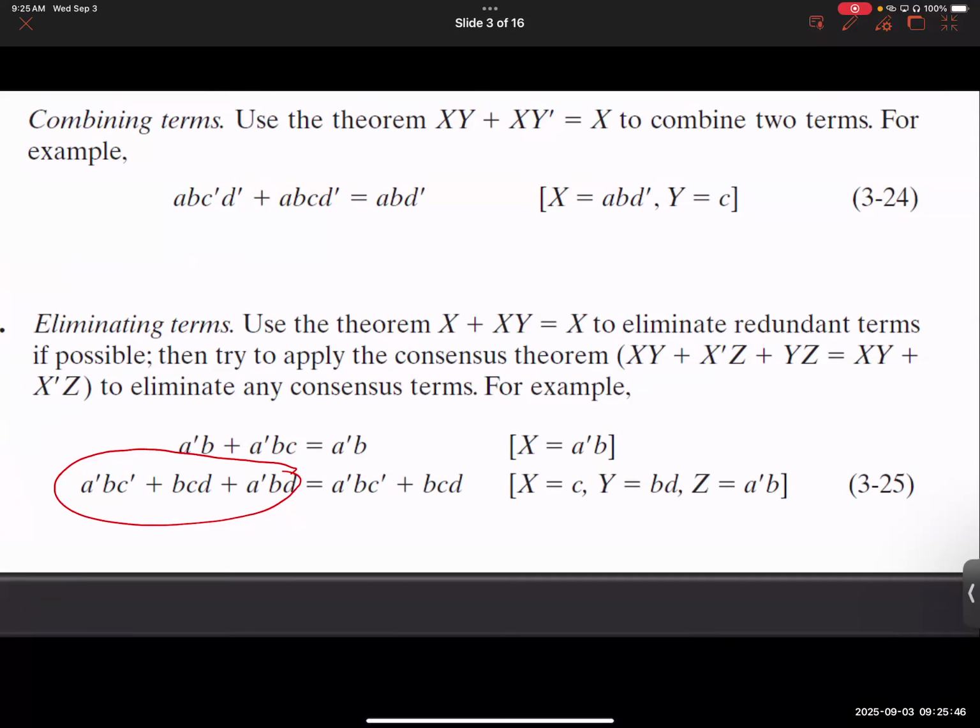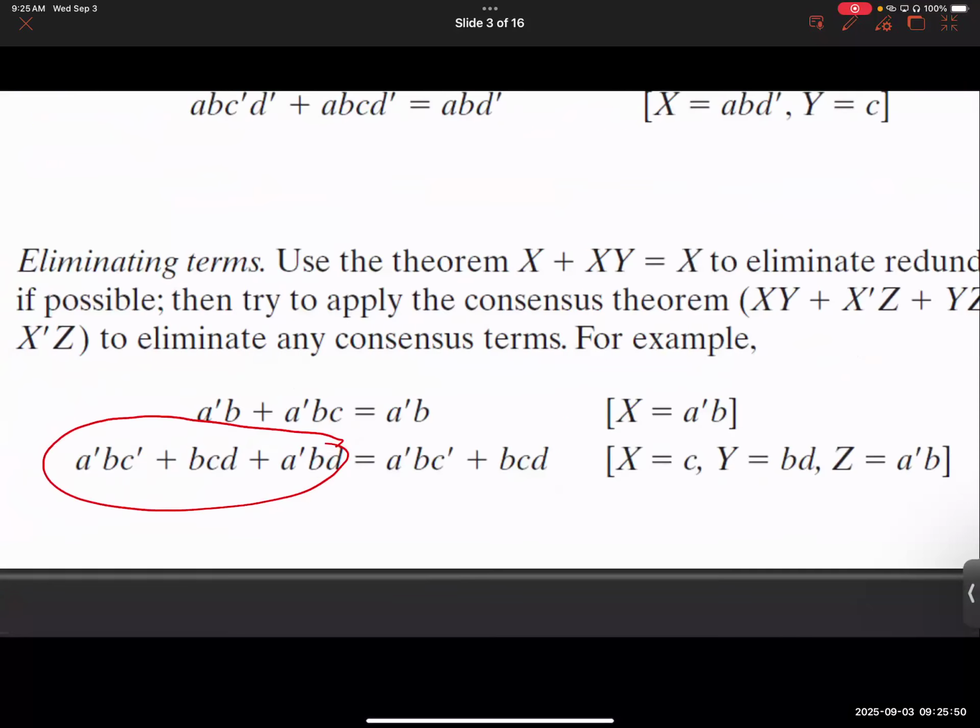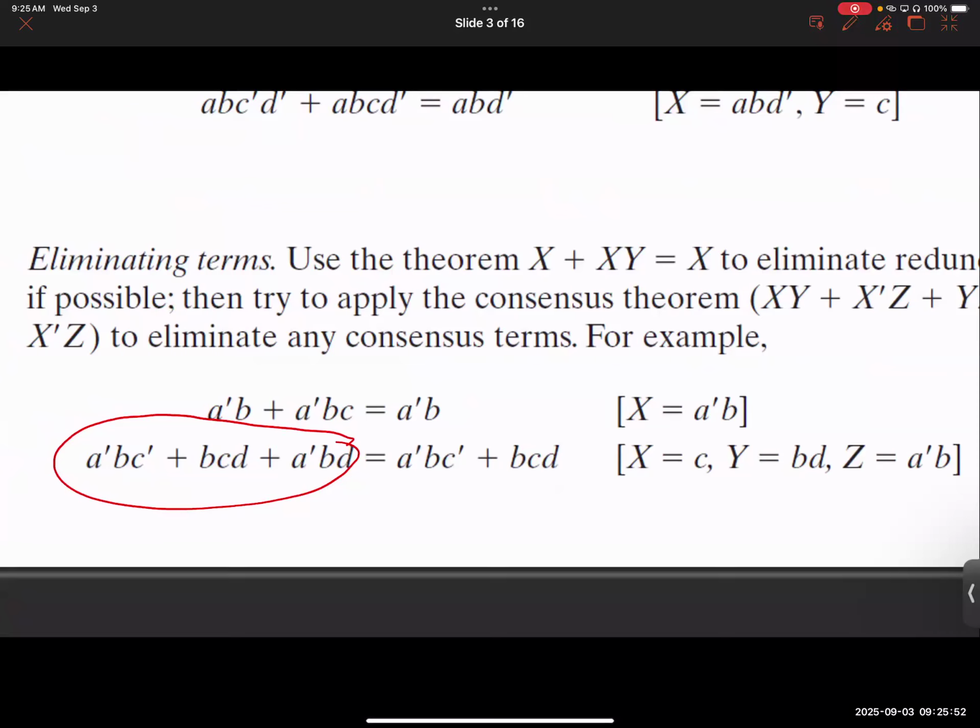And this is a little bit more involved, and I hope somebody asked this question, so let's do it. Let's try to apply the consensus theorem here to reduce that form. How do I start? First, look for a variable and its complement. Okay, so I'm looking at a variable, say, let's see, BD.